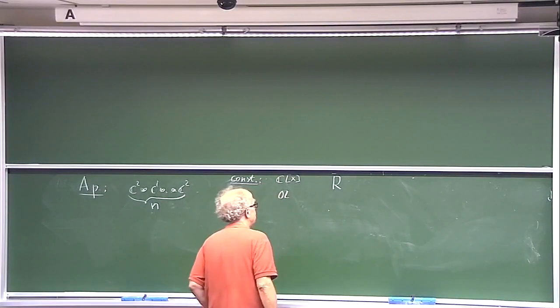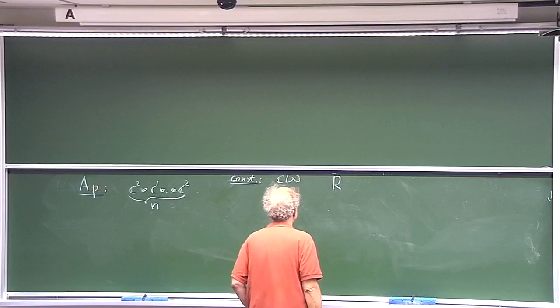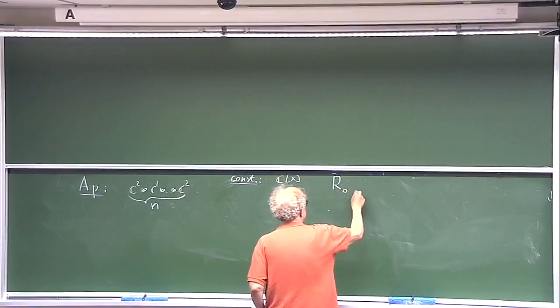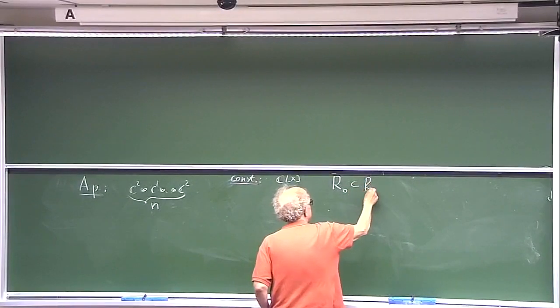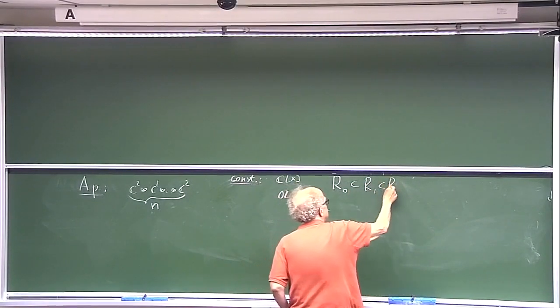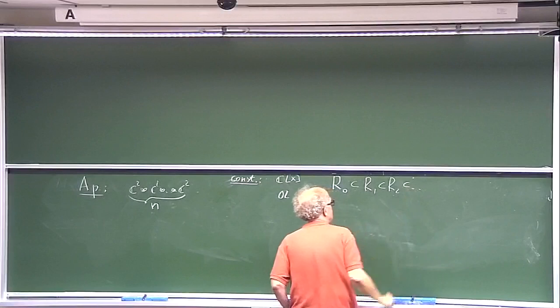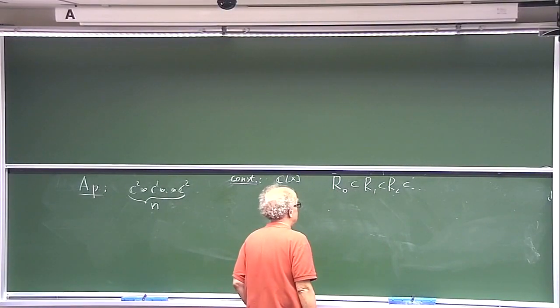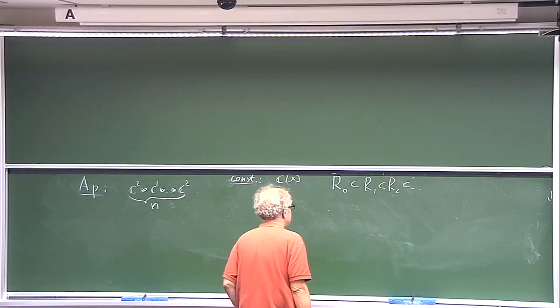For simplicity, it is better to take finite dimensional, but not necessary. Then I construct here the filtration, and then make up the adjoint things, and that's the question, what is this?